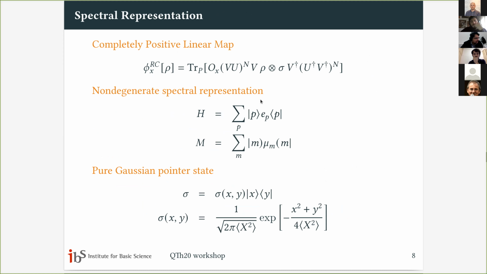So in the spectral representation, what one can do is write this completely positive linear map, and actually this will be related to the probability distribution function. So given the Hamiltonian, which has a spectral representation with P being the eigenstate and Et being the eigenvalue, and the measurement operator having, again, a spectral representation, what we assume now is that the sigma, which is the pointer state, is a Gaussian, and this will help us tremendously in simplifying some of the problems.